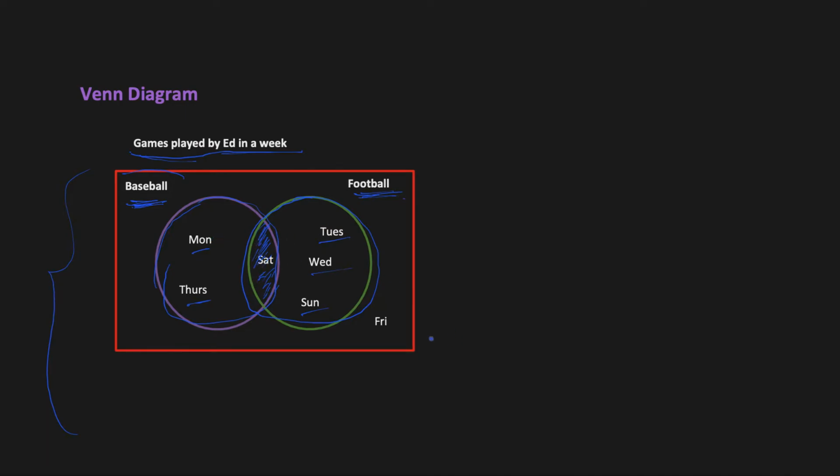And Friday, which is outside of this circle, means that on Friday, Ed prefers to play neither of the games. So this is how a Venn diagram can be useful to understand a given group of data.